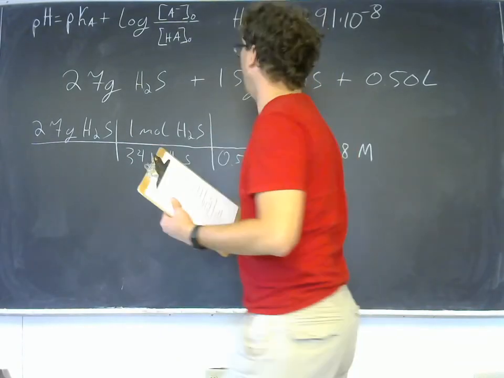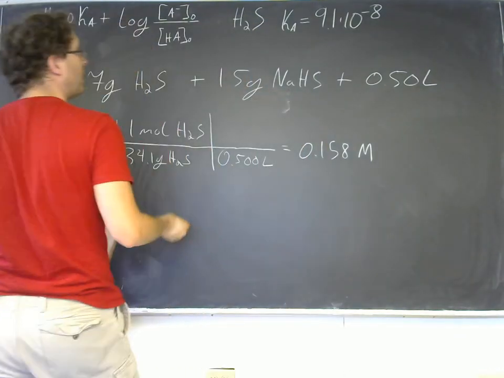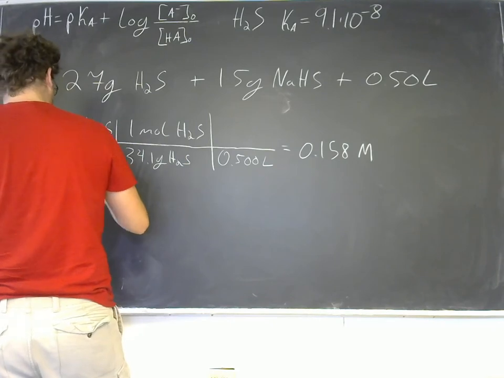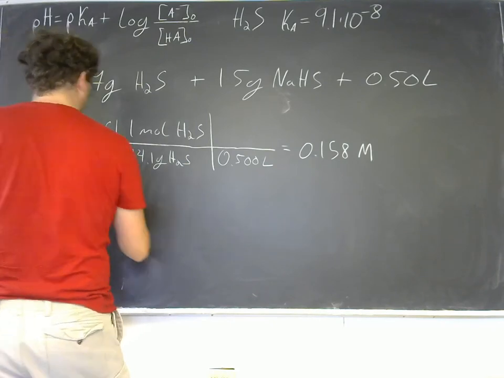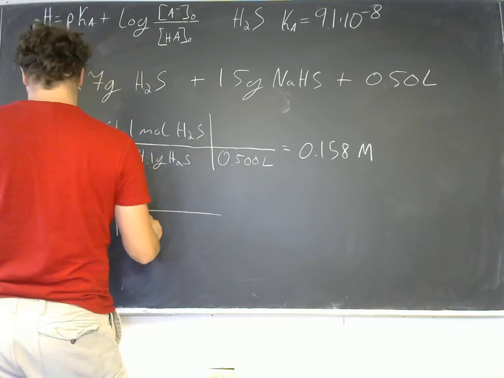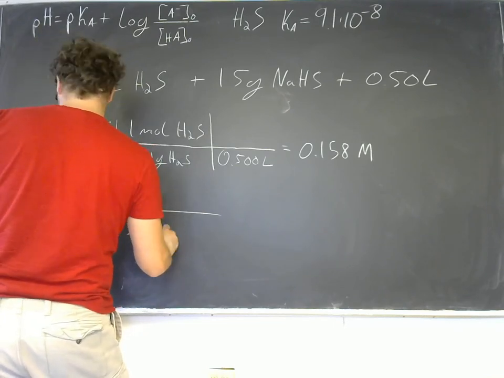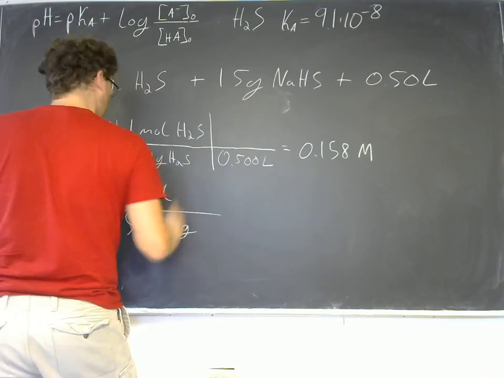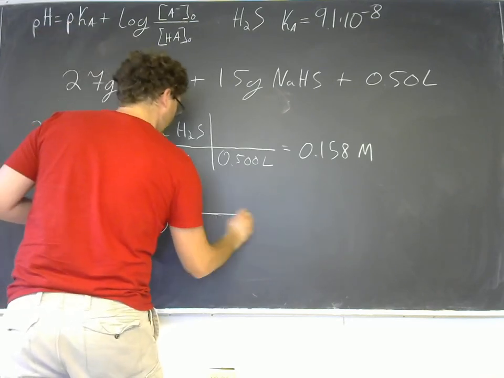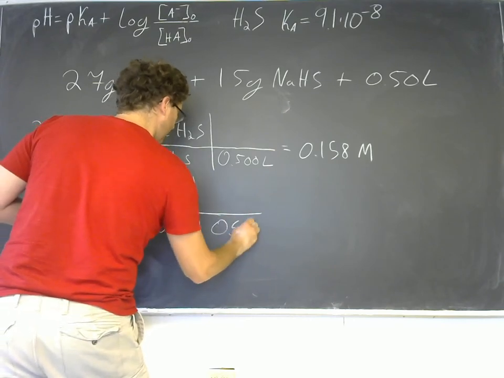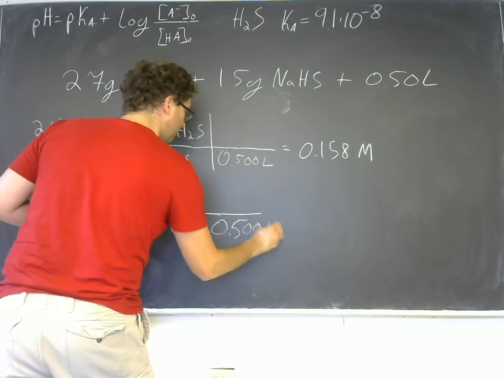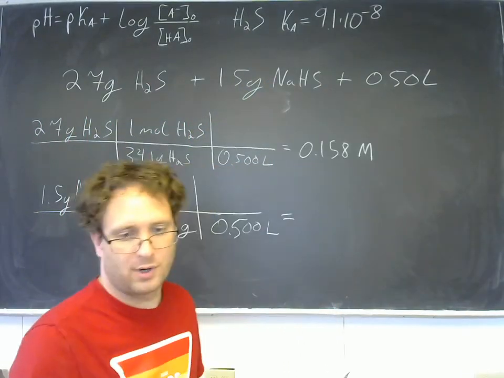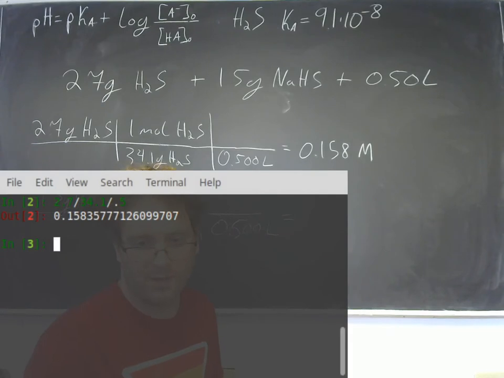Okay, and let's figure out the concentration of the conjugate base. 1.5 grams of sodium hydrogen sulfide. Sodium hydrogen sulfide has a molar mass of 56.06 grams for 1 mole. And we'll divide that also by 0.500 liters to figure out the molar concentration of the conjugate base.